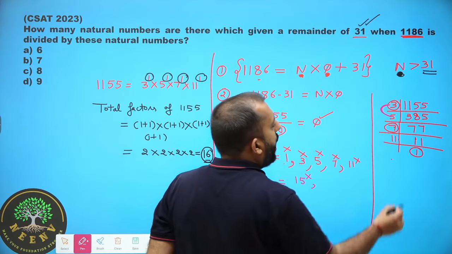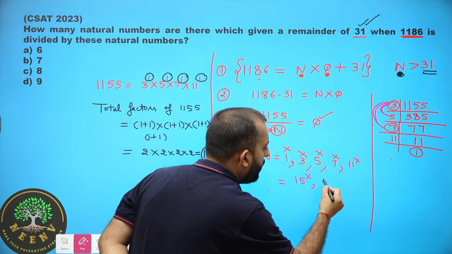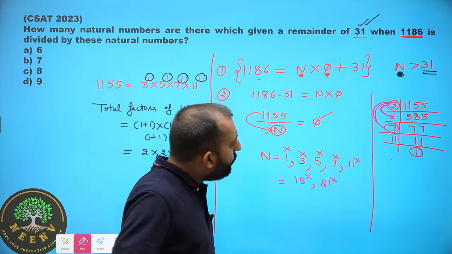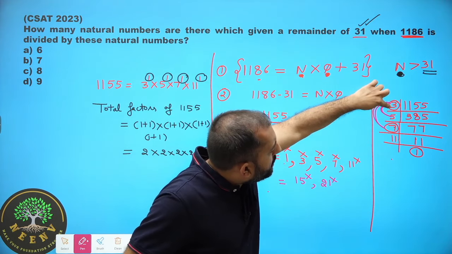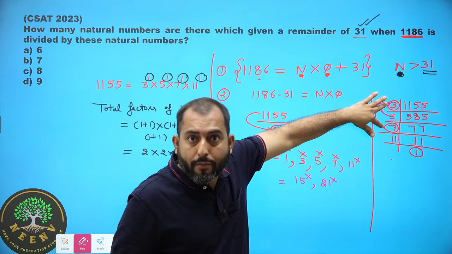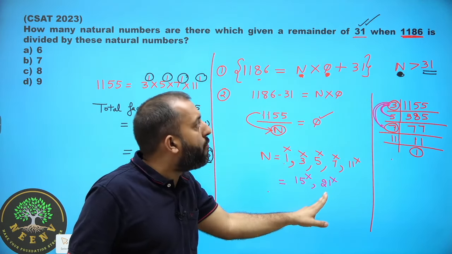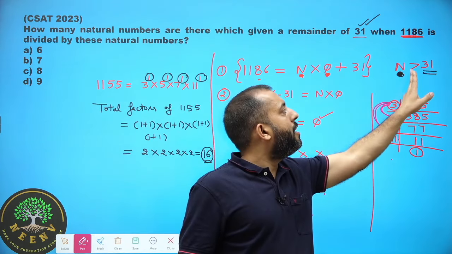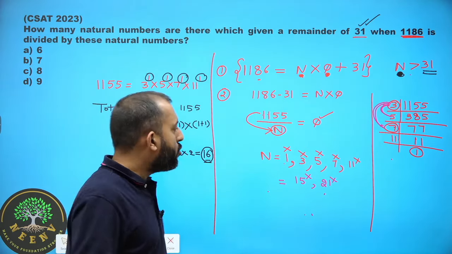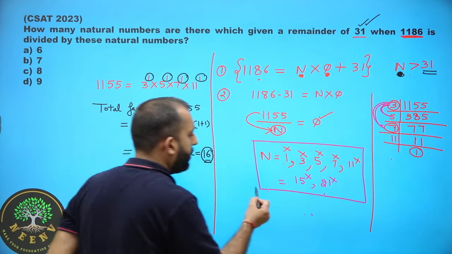And n cannot be equal to 21, which is 7 into 3. If a number is divisible by 3 as well as by 7, that number will be divisible by 21 also. Now, n cannot be equal to 21, because 21 is less than 31. So these values of n should not be considered.